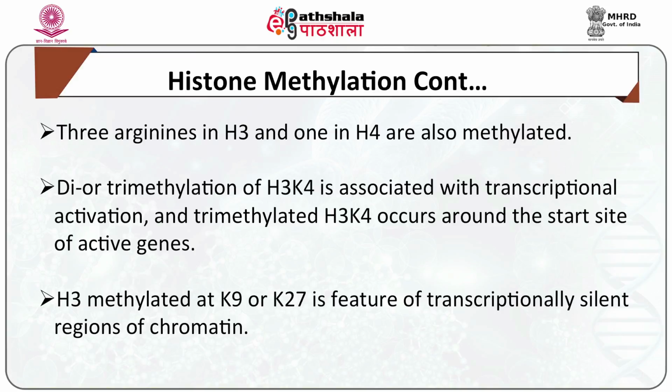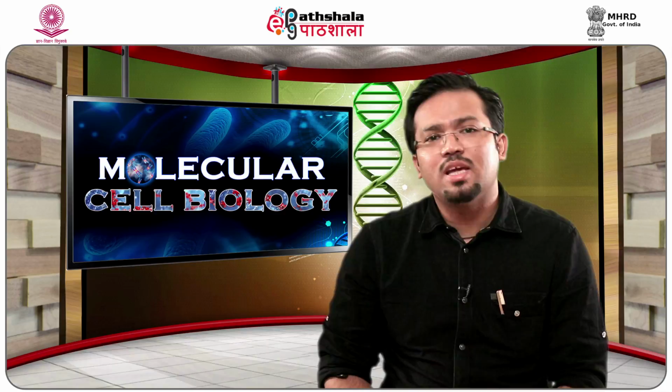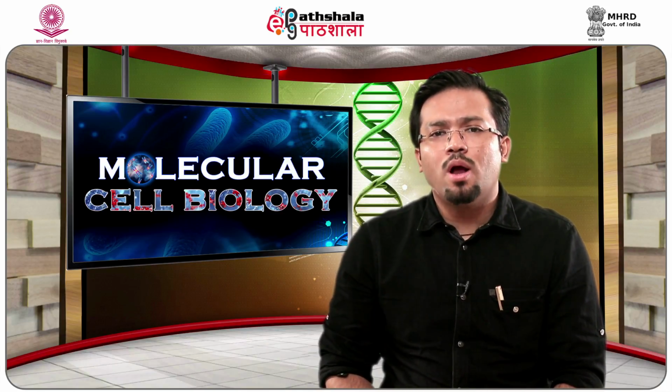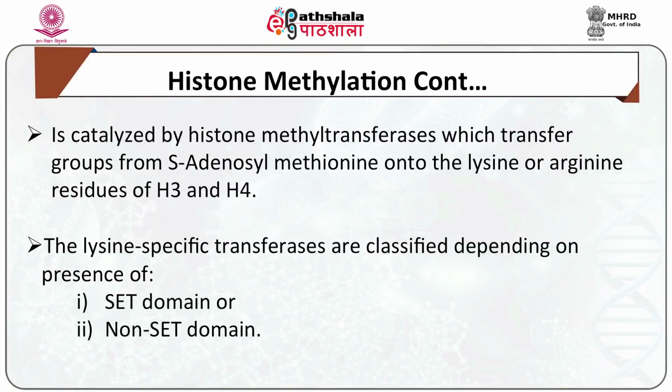In contrast, H3 methylated at K9 or K27 is a feature of transcriptionally silent regions of chromatin, including heterochromatin and smaller regions containing one or more silent genes. Histone methylation is catalyzed by histone methyltransferases, which transfer the methyl group from S-adenosyl methionine onto the lysine or arginine residue of the H3 and H4 histones.